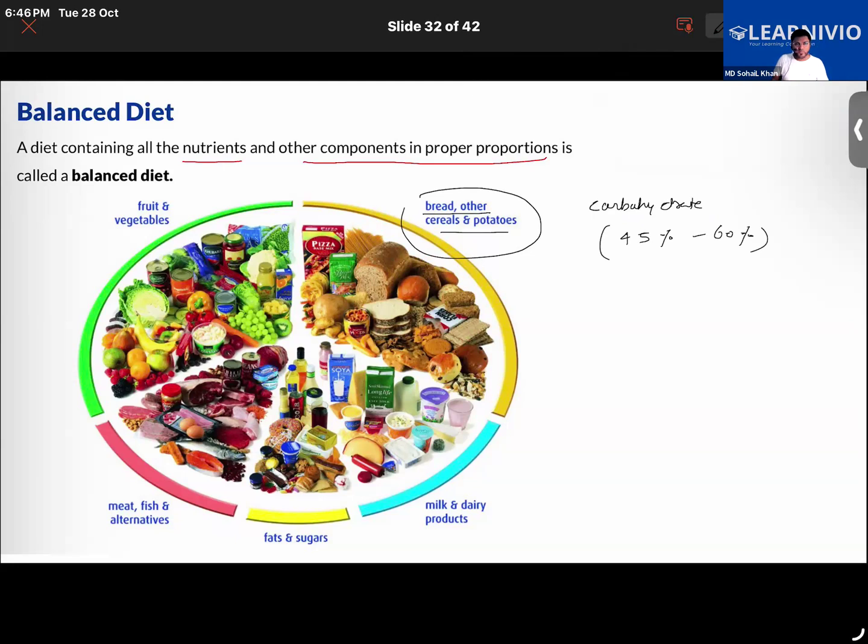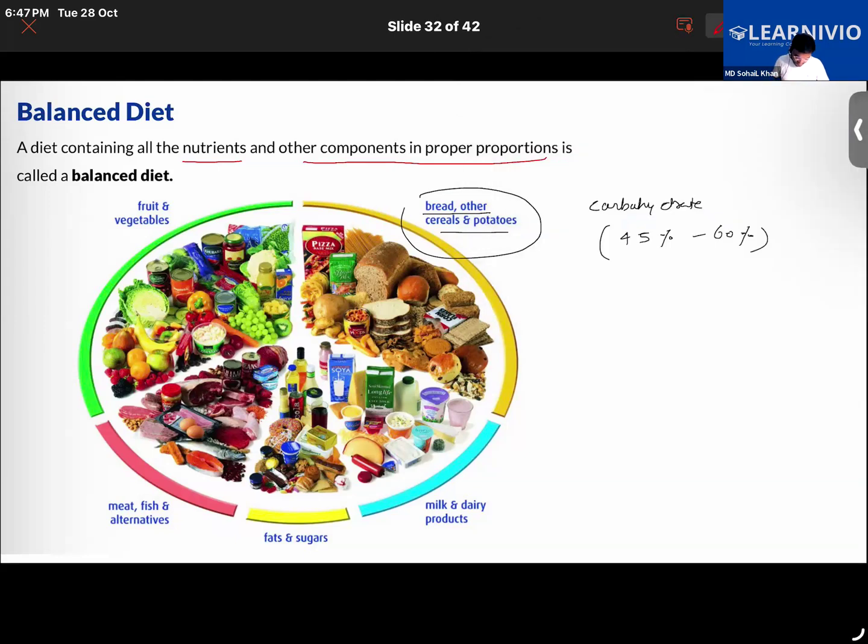Similarly, there should be a proper proportion of protein in our diet, in a balanced diet particularly. We generally say that for an adult person, a fully grown person, they should have somewhere between 10 to 35% of protein.